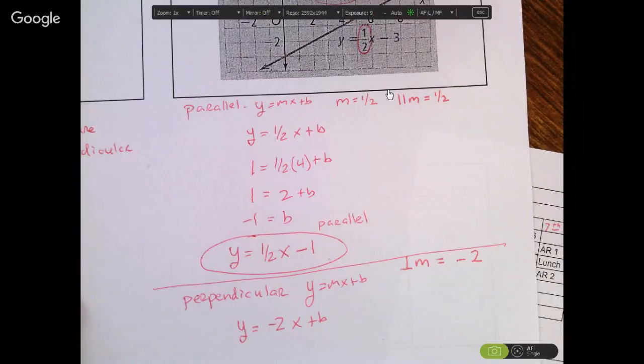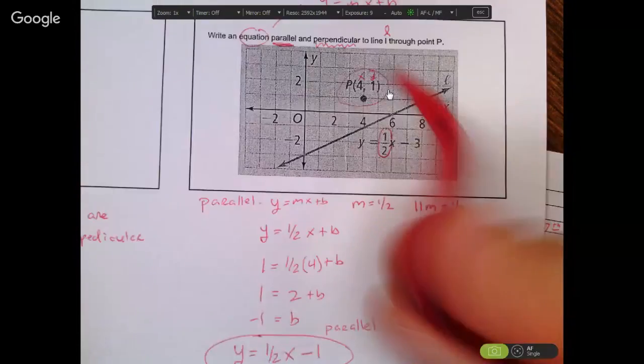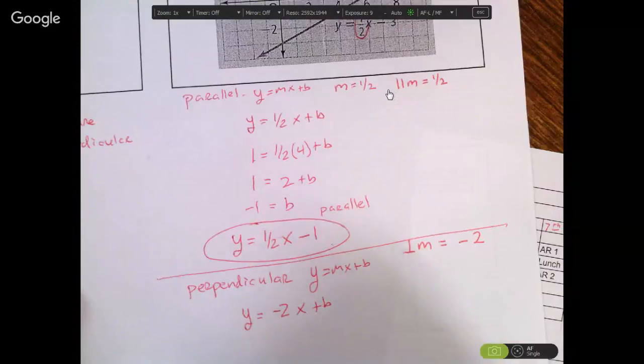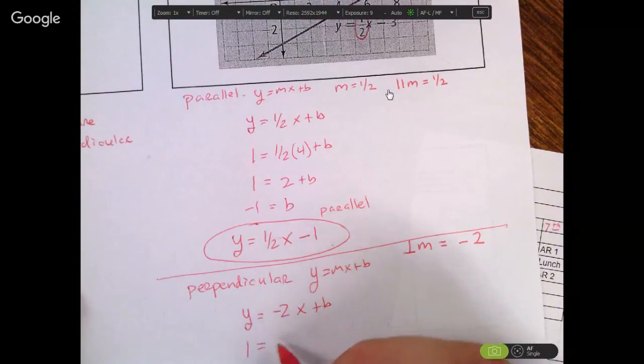We're going to plug in that point. They gave us that point for a reason because they wanted the line to go through there. So I plug in 4, 1. So it's 1 equals -2 times 4.